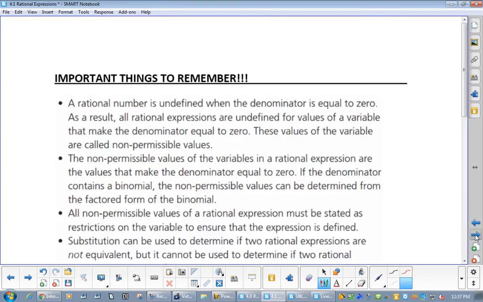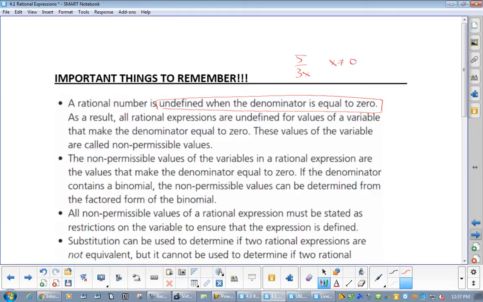Now, important things to remember. A rational expression is undefined when the denominator is equal to 0. That's going to be huge, huge, huge, right? So when it's 5 over 3x, we will always say x cannot equal 0. Why?